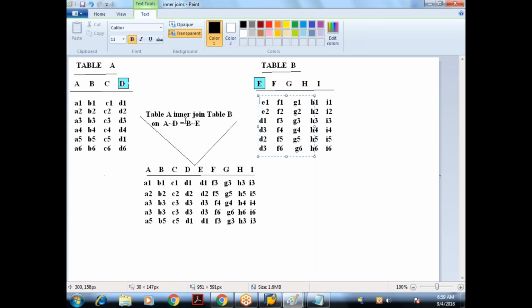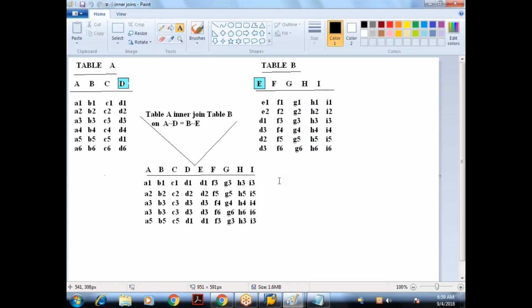If any matching rows are found in the right hand side table, it will pick up the rows one after the other. If there is no matching row in the right hand side table, it will ignore the left hand side row also. That is the concept of inner join.